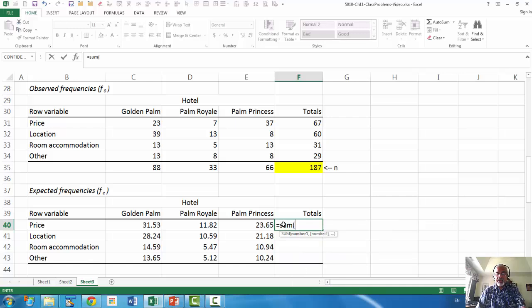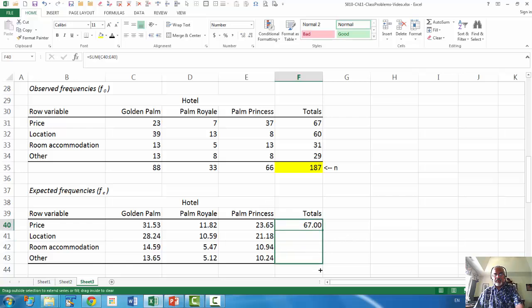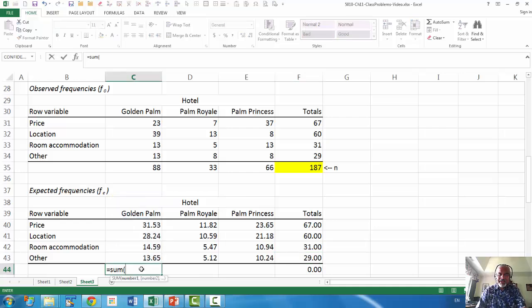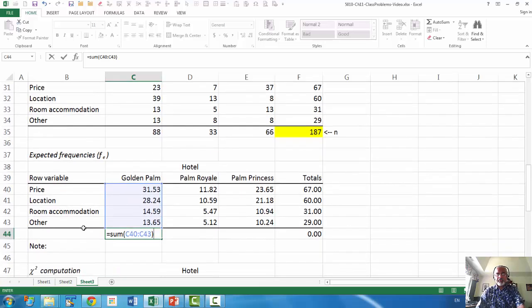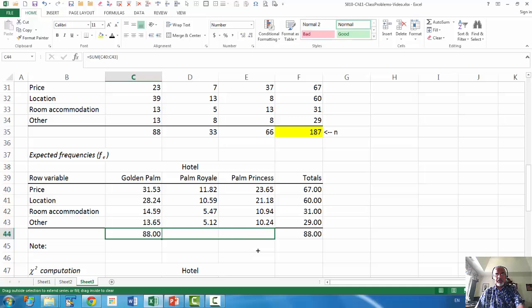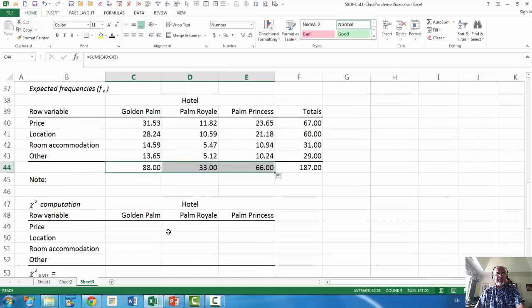So now let's double check that our computations are error free, which means when you sum this way for each row, you should replicate what we have in the observed frequencies. And when you sum the columns, again it should match the sum of the observed frequencies. Okay, so they all match, so the computations are valid.